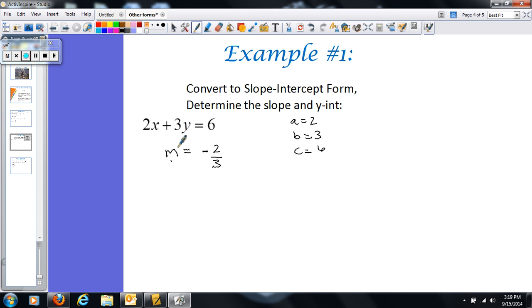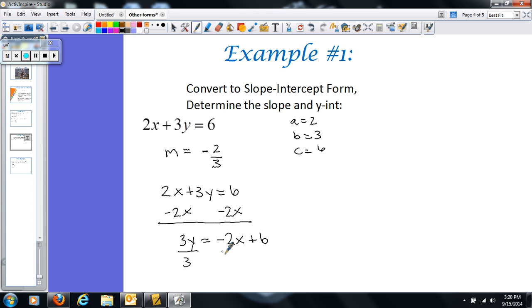Okay? And also, this is just a really short way to find the slope. To actually put this into slope-intercept form, though, we are just going to solve for y, because in slope-intercept form, it's y equals mx plus b, so I need to get y by itself. So I'll start by subtracting 2x from both sides. I'm going to get 3y equals negative 2x plus 6. And then I'm going to divide by 3.